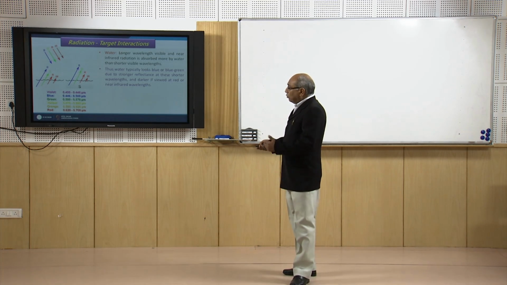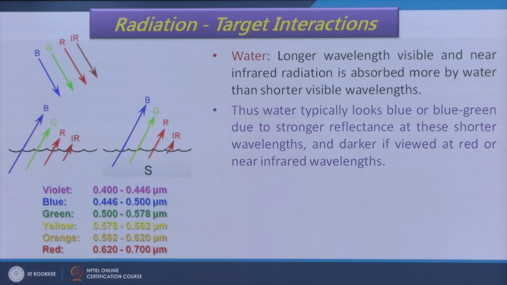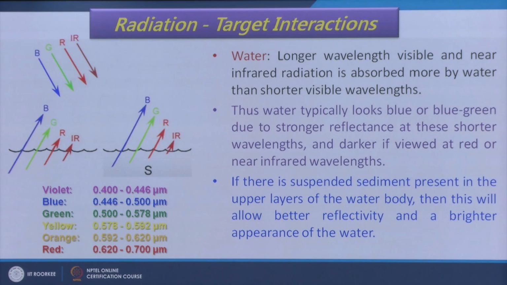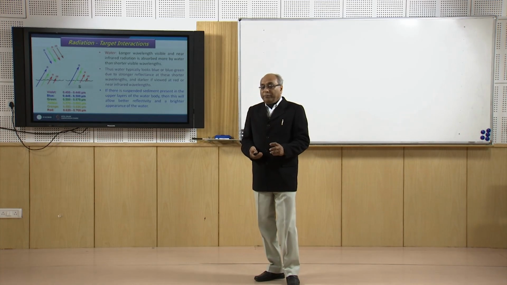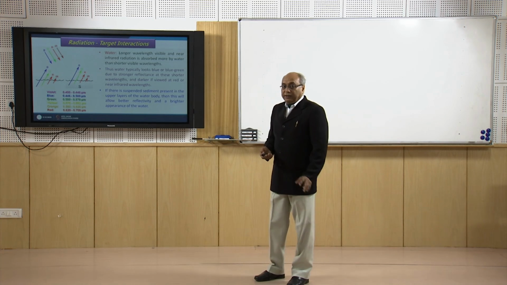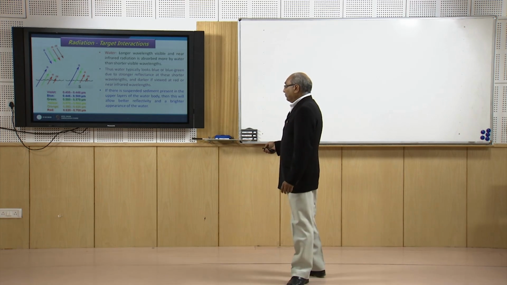Whereas if we look at the visible part or shorter wavelengths, we might see some reflection of water, especially in the blue or green portion of the EM spectrum. That is why we generally see water with color, though you know that pure water does not have any color; these colors come because of reflection in different parts of the EM spectrum.